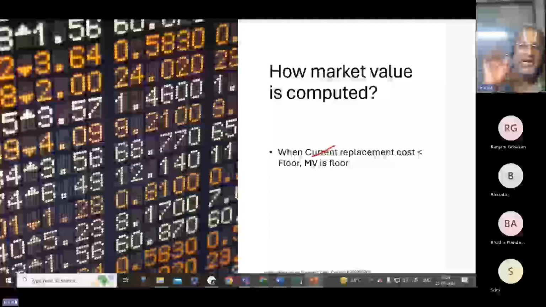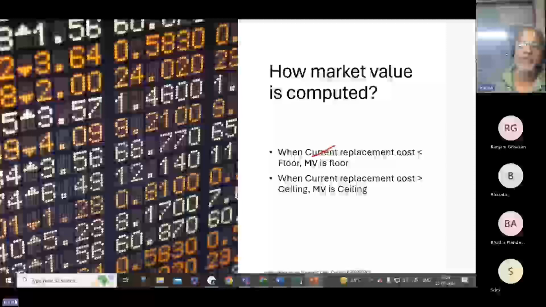Correct? Market value is floor. When current replacement cost is greater than ceiling, market value is ceiling. So when replacement cost is lower than floor, it is floor. When replacement cost is greater than ceiling, it is ceiling. That means you understand why we have referred to these two extremes as ceiling and the floor.